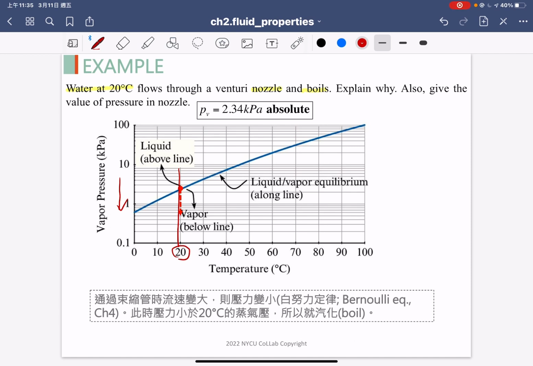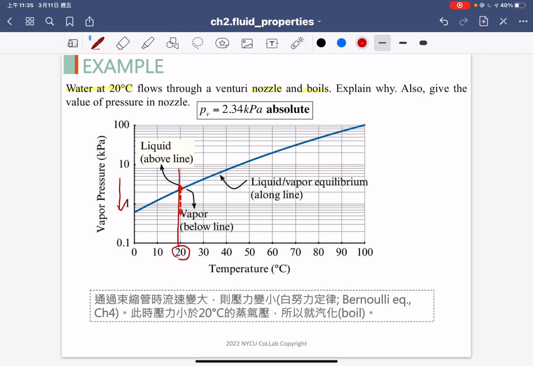If your pressure is under the blue line, that means the liquid will become vapor. So that's the only possible answer: the pressure should be decreased, even though you fix the 20 degree temperature, and then the liquid can become vapor.